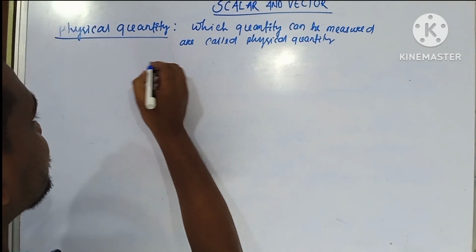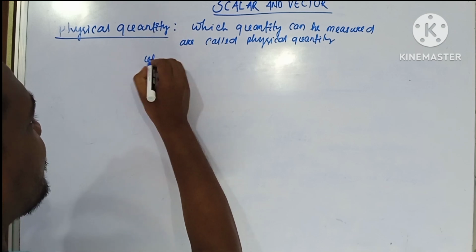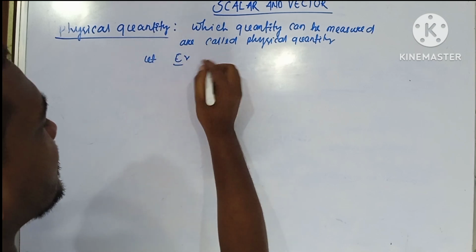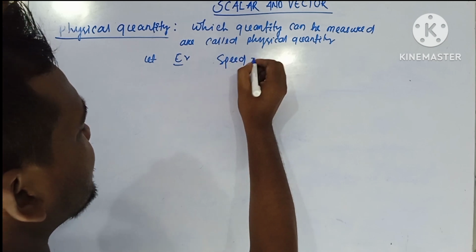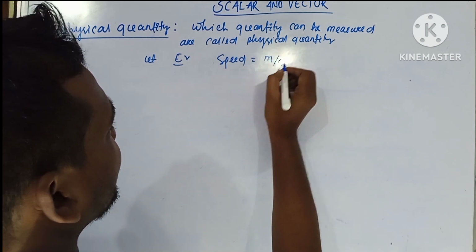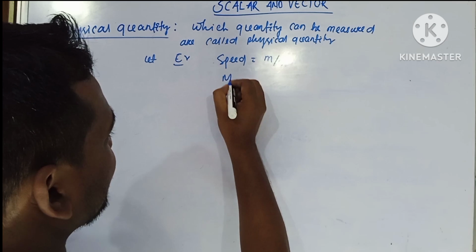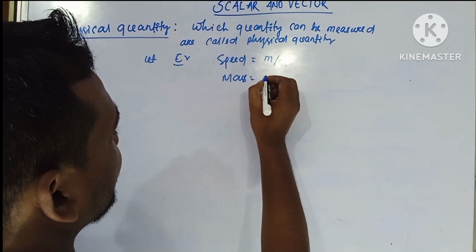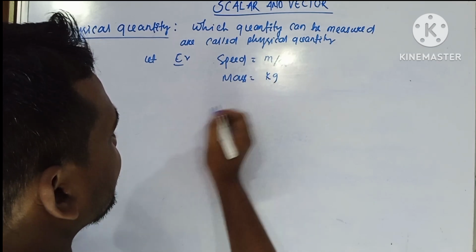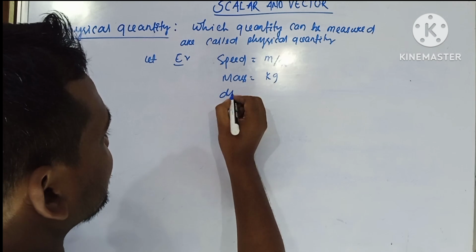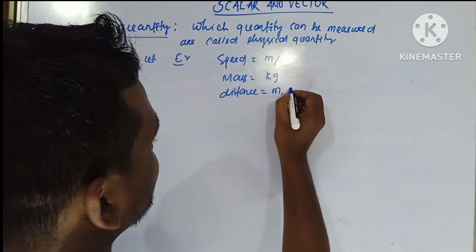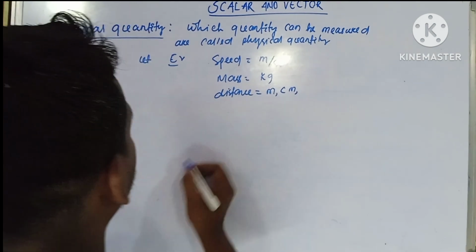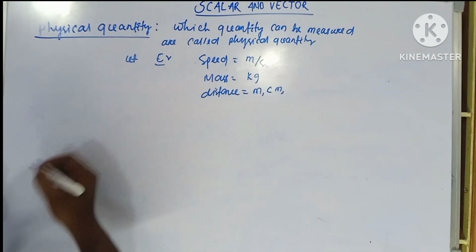Okay, then let's see some examples. Speed can be measured, with units of meter per second, and mass can be measured in kg. Distance can be measured in meter, centimeter, like this.